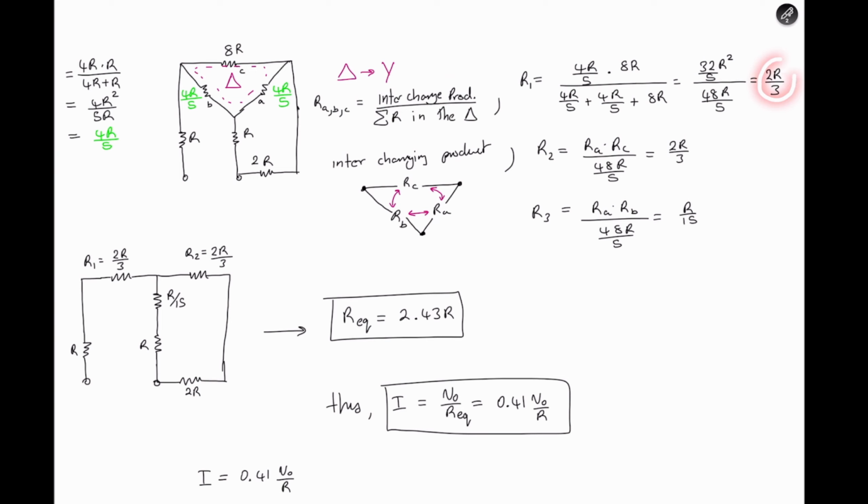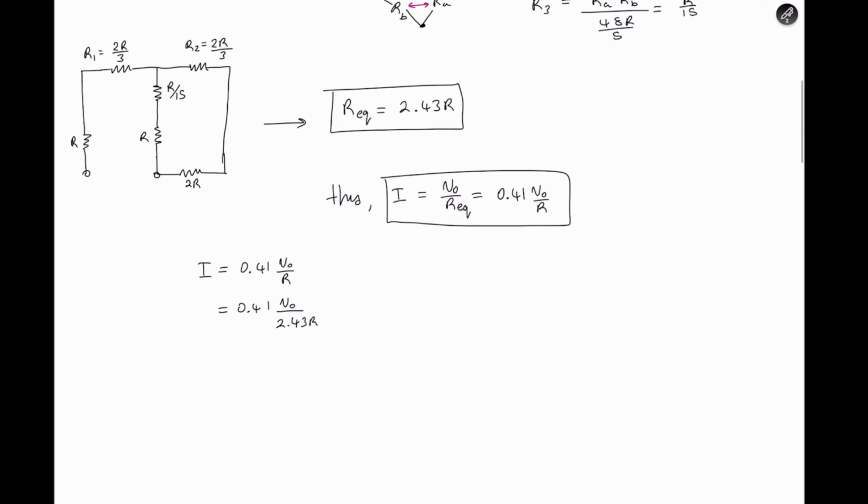That simplifies to 2R over 3. And moving on to R2. R2 is RA times RC, which is this. It simplifies to 2R over 3. And R3 is RA times RB all over the sum, which is R over 15. We then see this circuit right here, which is pretty much easy to simplify.